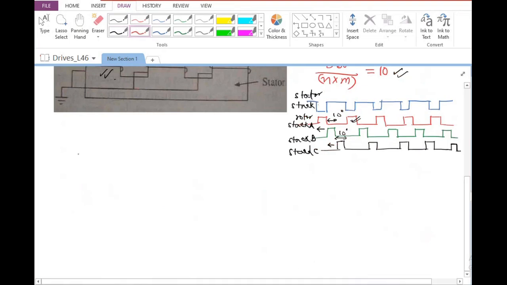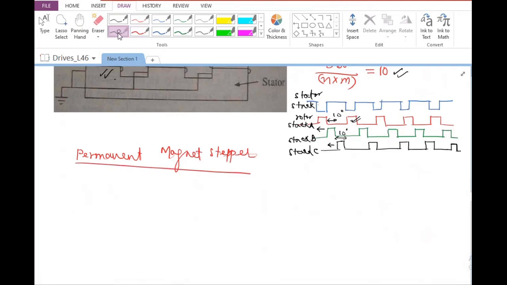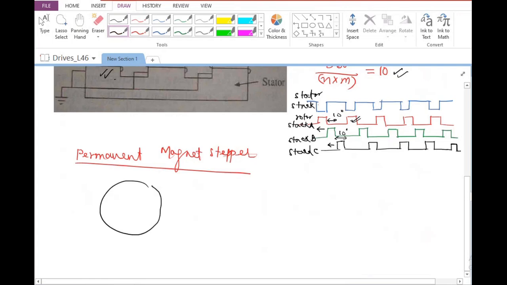So as far as the permanent magnet stepper motor is concerned, we are going to have, let us say, a 4-pole configuration in our stator. So let us say I'm showing some 4 poles like this.